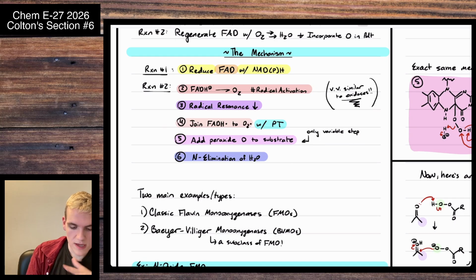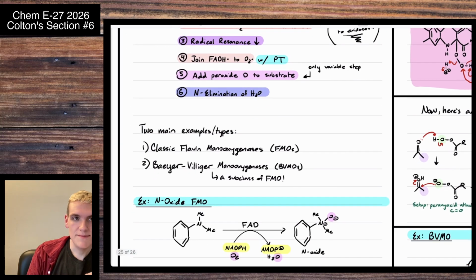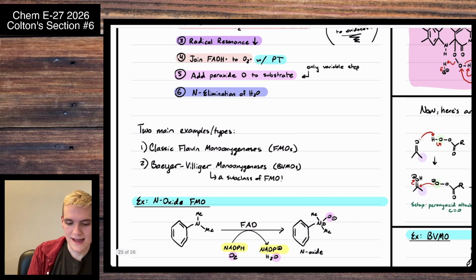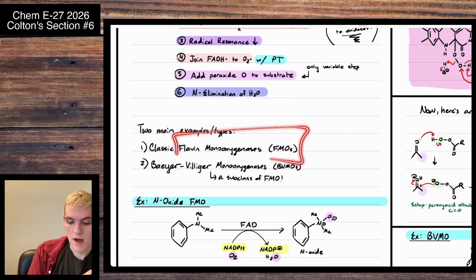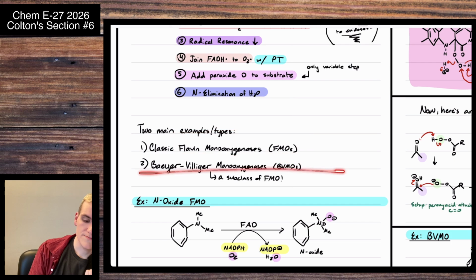So, there are two main types, and really I feel like I needed a better way to word this. We call these flavin monooxygenases, FMOs, and then we're also going to teach you about one special subtype of FMO that's called the Baeyer-Villiger monooxygenase, or a BVMO. And it's not exactly like for the oxidases, where we have a classic oxidase and then we have a MAO.